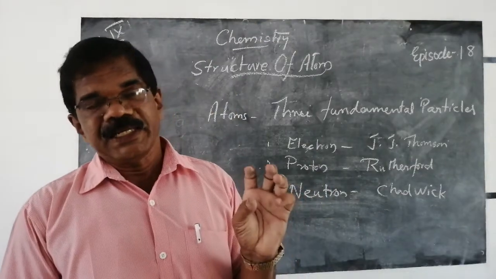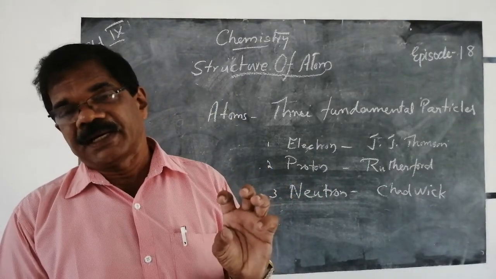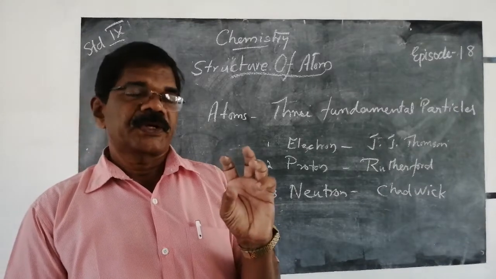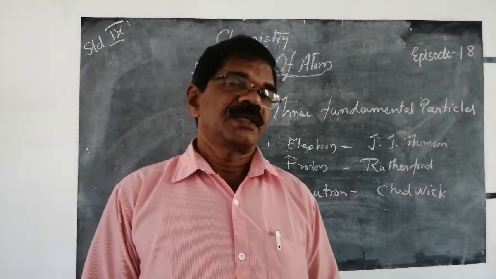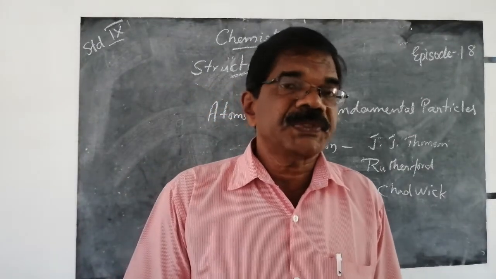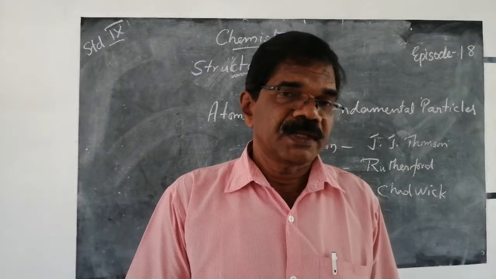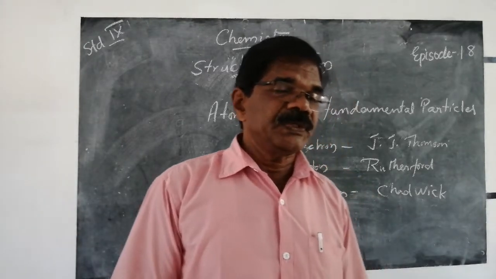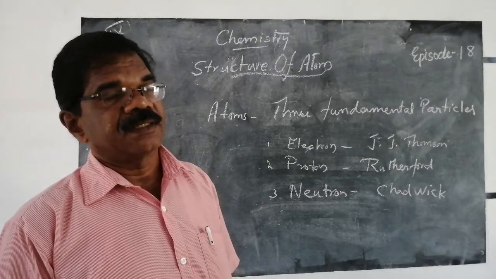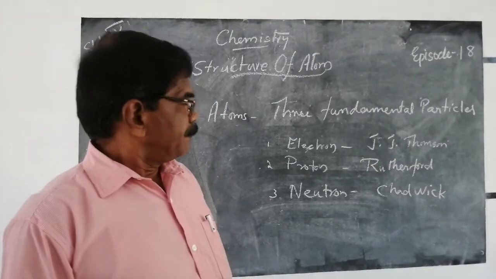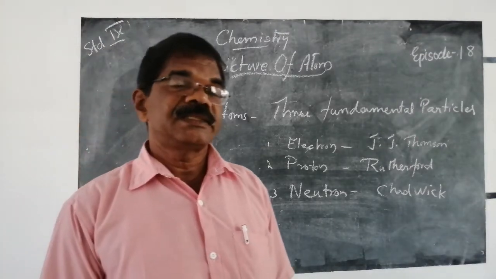The 3 subatomic particles which the atoms are made up of are protons, electrons and neutrons. The presence of protons was discovered by the scientist Rutherford. The presence of electrons was discovered by the scientist Thomson. And the presence of neutrons was discovered by the scientist Chadwick.